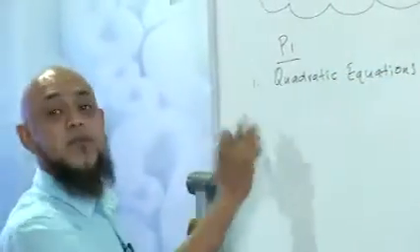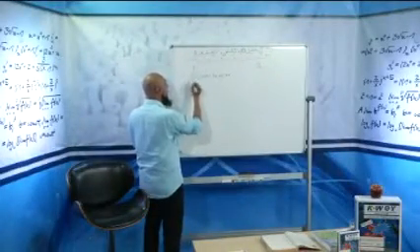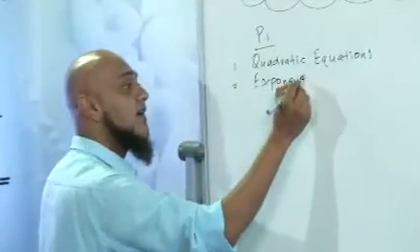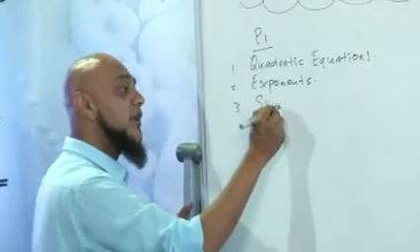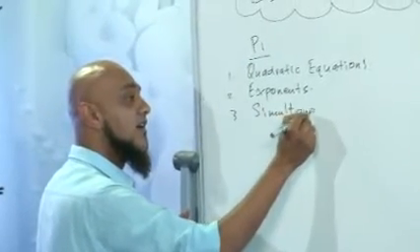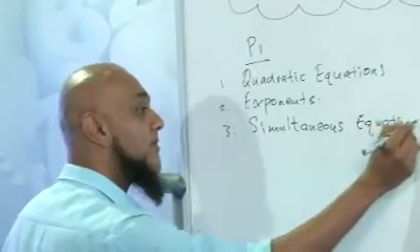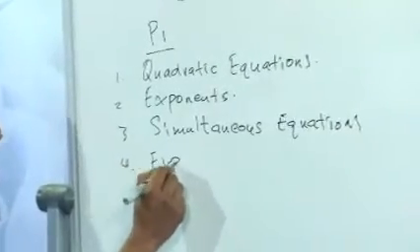Question number 1, paper 1, we all know from grade 10, solve for x. Question number 2, you're going to have exponents. Question number 3, you're going to have simultaneous equations. Question number 4, you're going to have exponential equations.